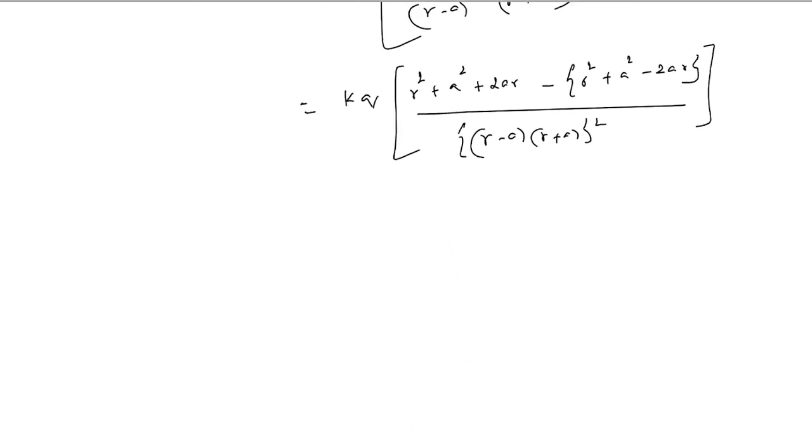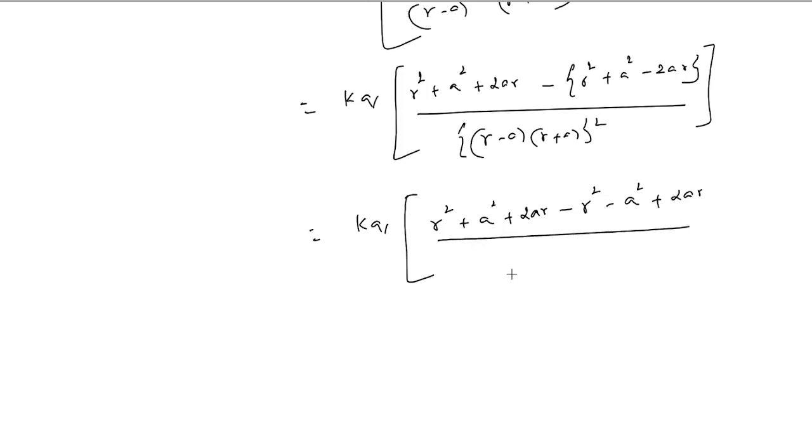And if you open the brackets, the numerator becomes kQ into, open the bracket, R square plus a square plus 2 into a into R, minus, open the bracket here, R square minus a square, and the last term would be minus of minus, which becomes plus, so plus 2 into a into R, by this term, which is of the form (a plus b) into (a minus b), which would be a square minus b square.